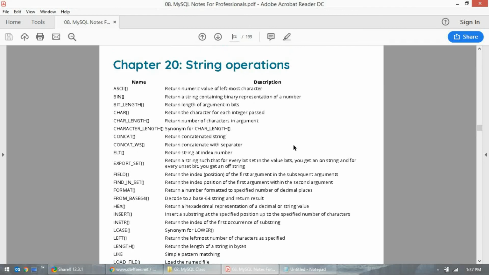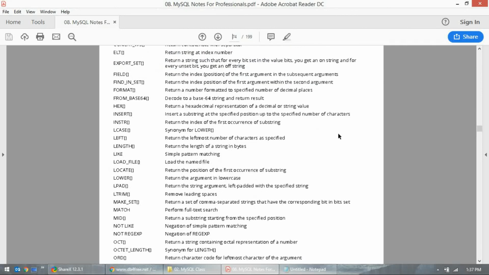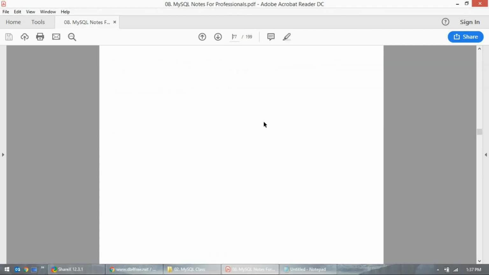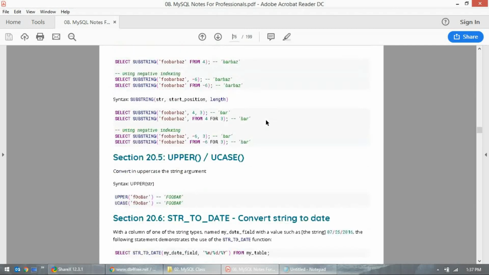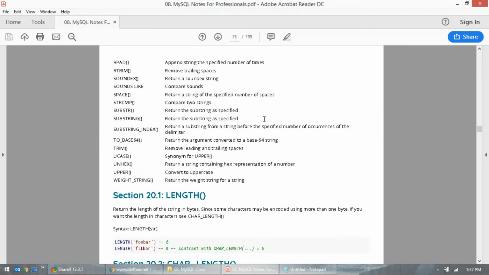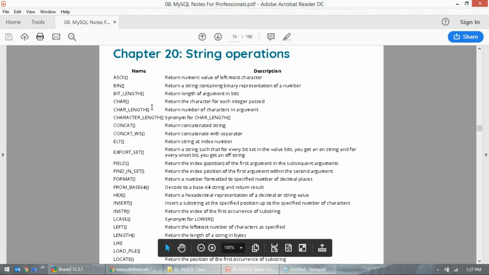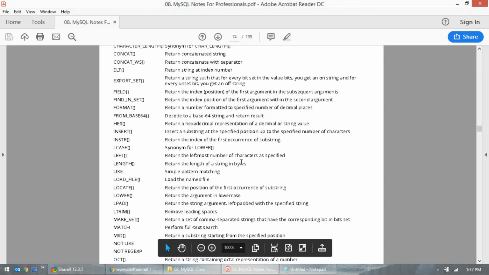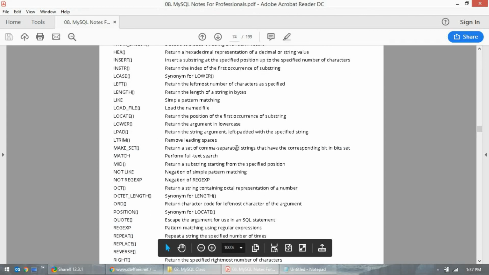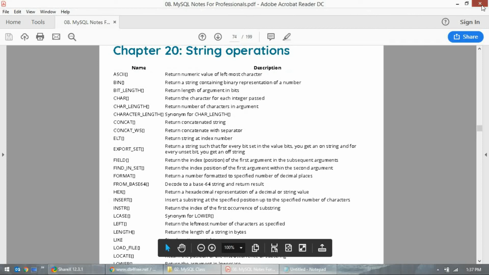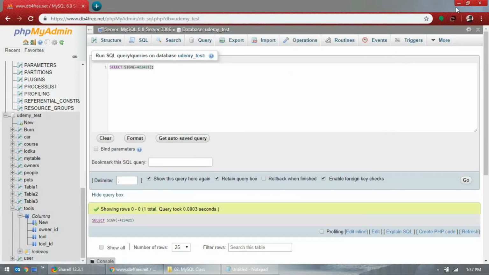I hope to get back to this next time because it's a lot of material and we have a lot to do. I may not go through all of it. You can just read it out. These are the functions. We'll discuss them in the 20th class and see how they work.